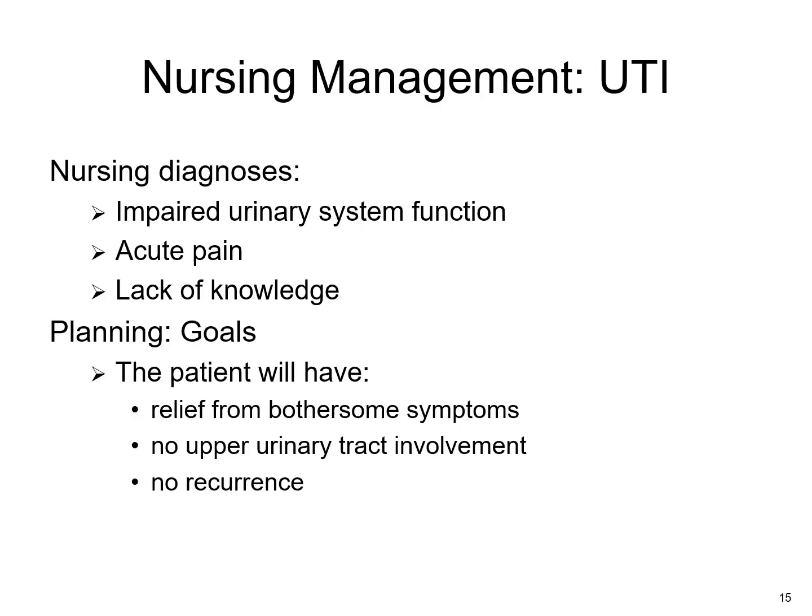Okay. These are some of your nursing diagnoses. So things like impaired urinary system function, acute pain tends to be a big one, lack of knowledge, right? And in terms of your goals, the patient will have relief from bothersome symptoms. They won't have any upper urinary tract involvement, and they'll have no recurrence.